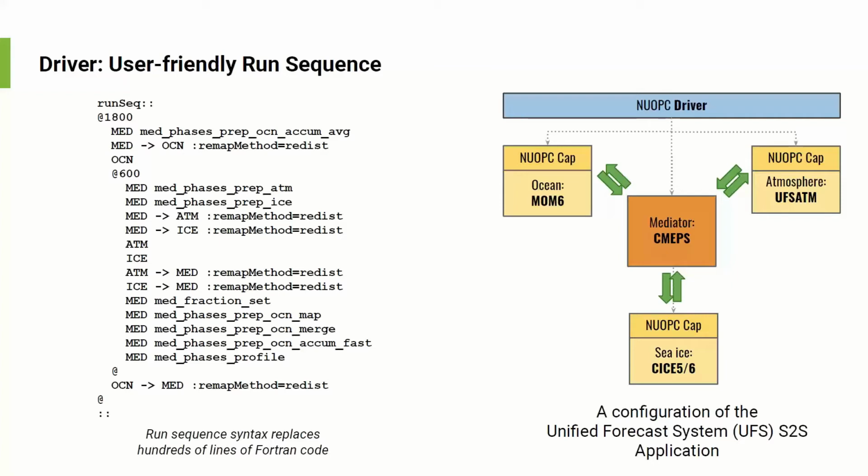So the at 1800 on the top is an 1800 second coupling interval, and the at 600 is a 600 second coupling interval. So this particular run sequence has a slow loop on the outside where the ocean component is coupled, and then a faster loop on the inside where the atmosphere and ice components are coupled.